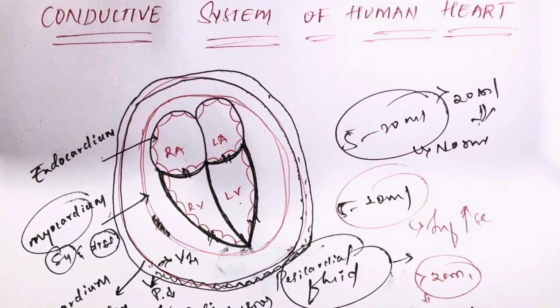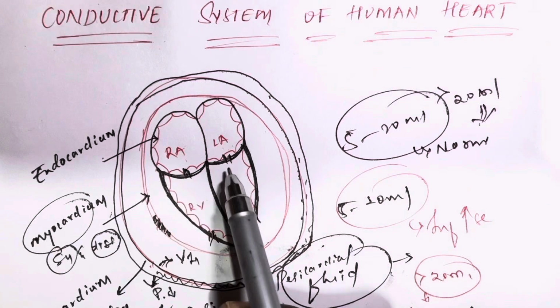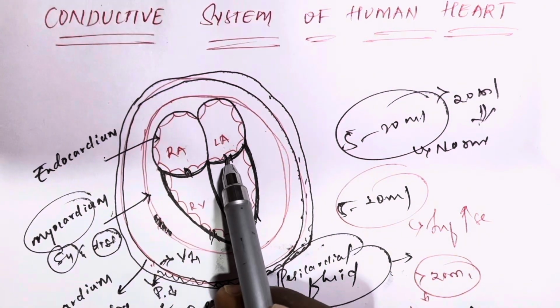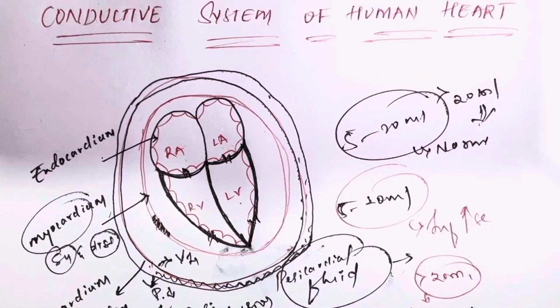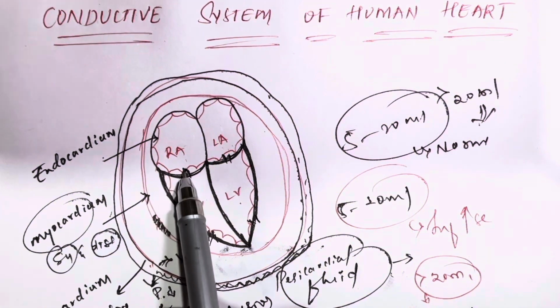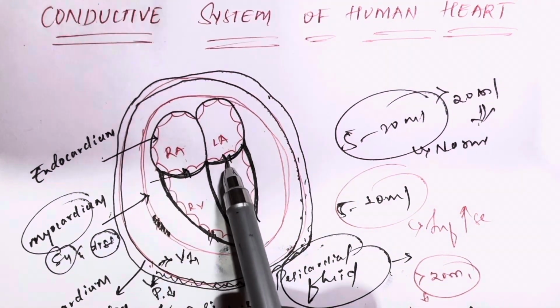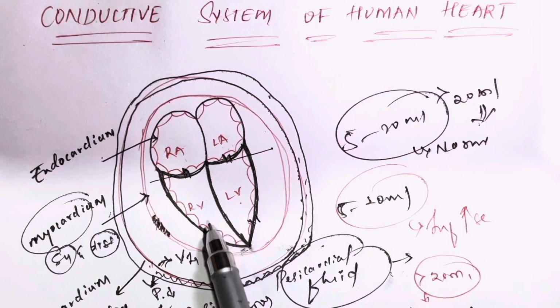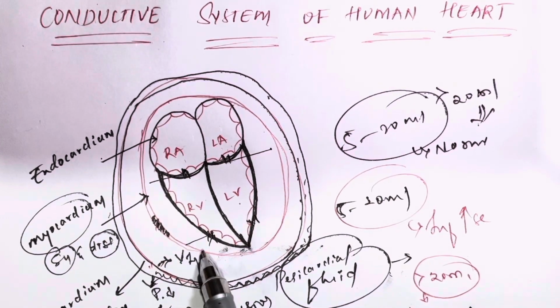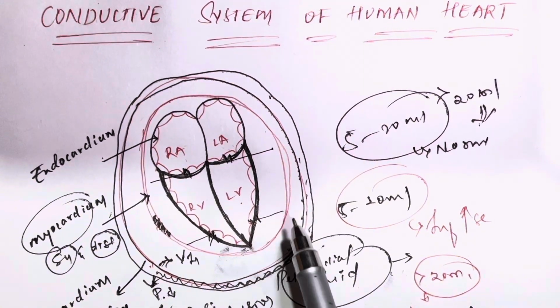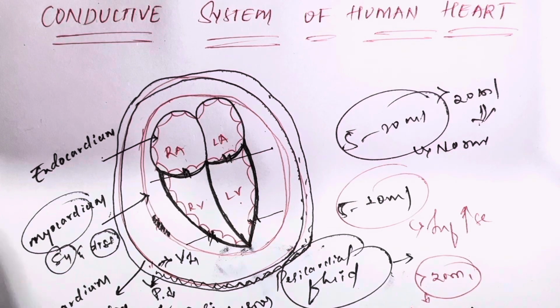After that, we have to know some valves of the human heart: here one valve, here one valve, here one valve, here one valve. This is called the right AV valve, this is the left AV valve, this is the right semilunar valve, and this is the left semilunar valve. Why is it called the AV valve?